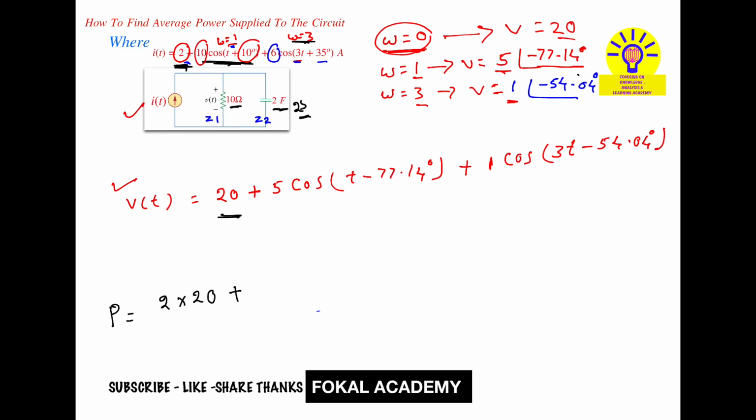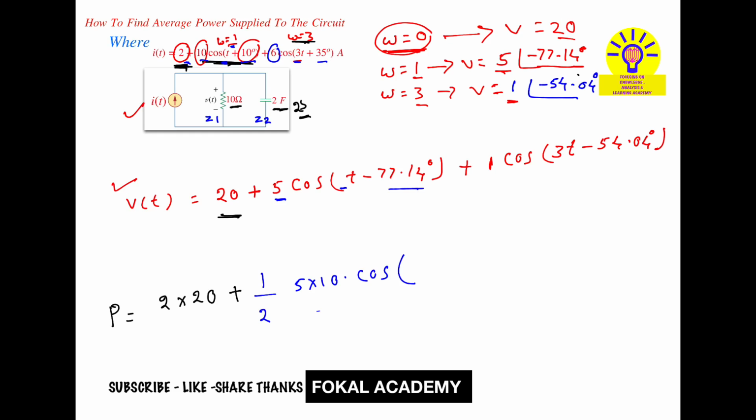plus, next, half of the product of the corresponding signals' amplitudes, that is 5 into 10, into cos of the difference between the phases of the current and voltage signals. So here omega is equal to 1, here also omega is equal to 1.